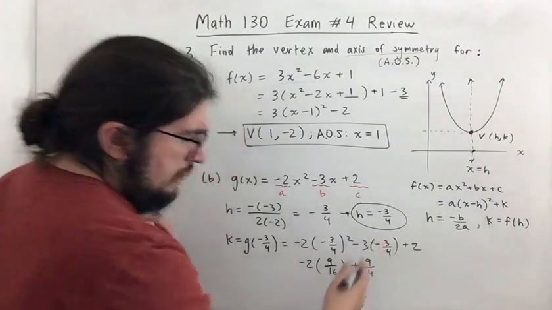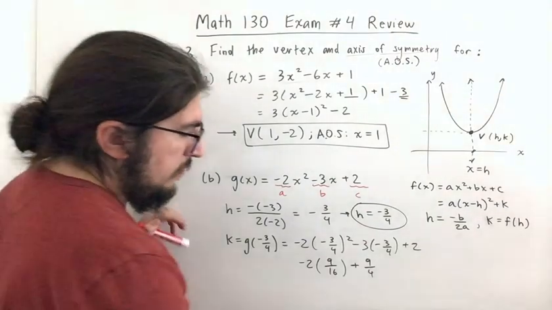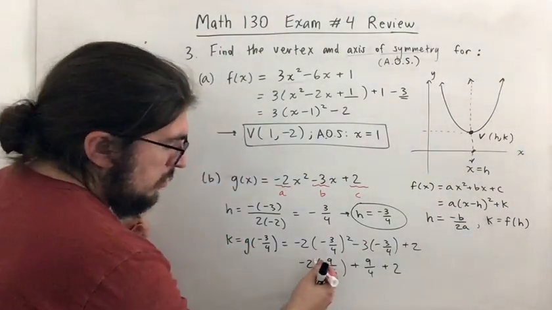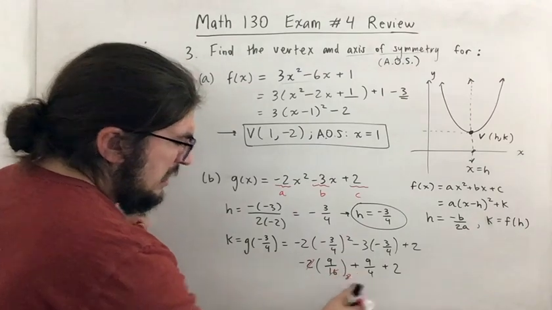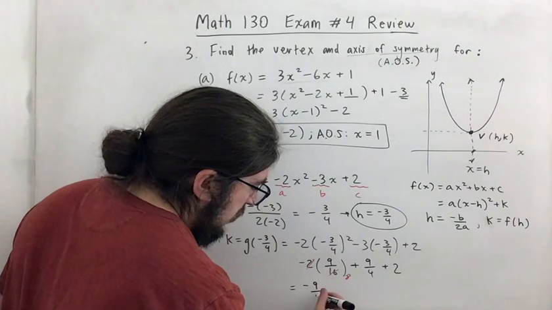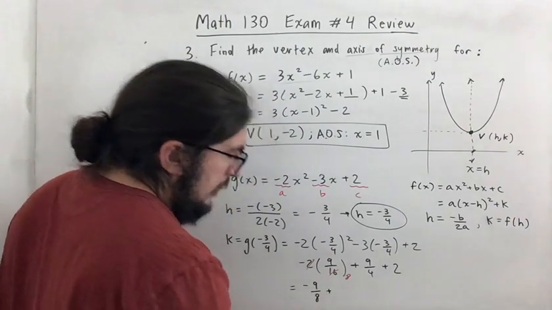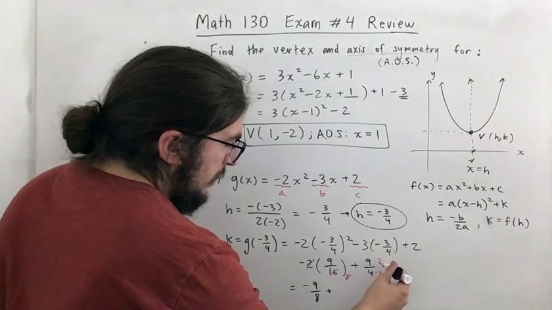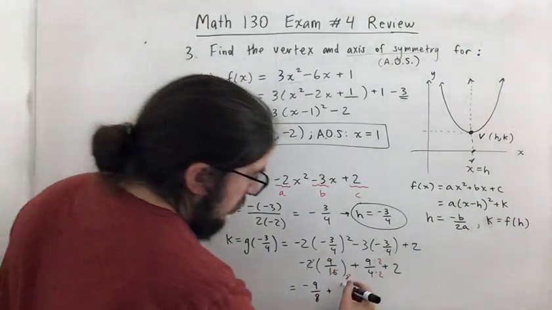If you multiply, think of that as 3 over 1, multiply across, you get 9 over 4, plus 2. Okay, there's cross cancellation here, 2 goes into 16 8 times. So this ends up being negative 9 over 8, plus 9 over 4, but if I multiply top and bottom by 2 to get a common denominator of 8, that's 18 over 8.